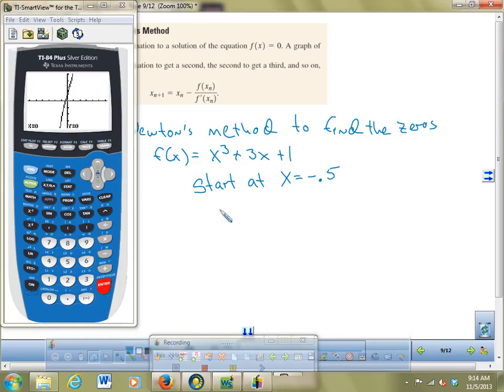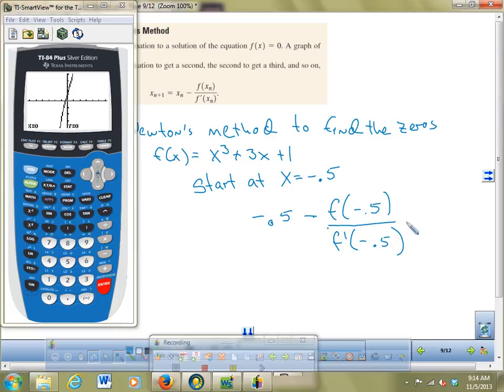So what I want to do is use this formula: x of n, that's my starting value, -0.5, minus f of -0.5 over f prime of -0.5.